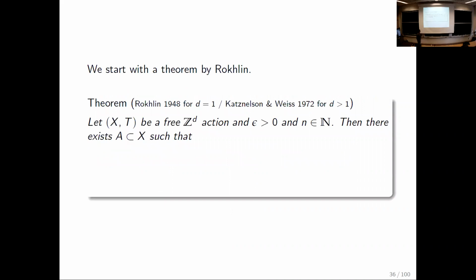There's a result by Rokhlin, which was extended to Z by Ornstein and Weiss, and in fact it extends to all amenable groups. Suppose I fix an action and I take some n. N is like the size of the box. Epsilon is the error, the proportion of space which I leave outside the boxes.